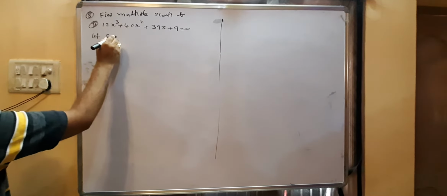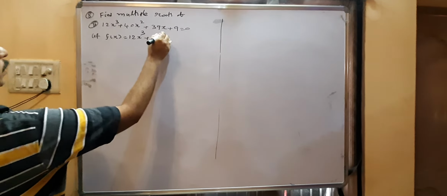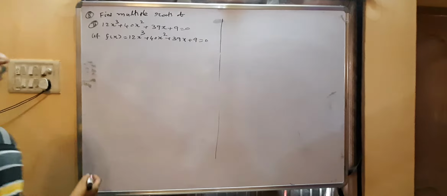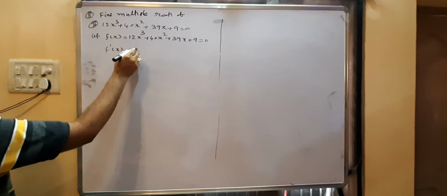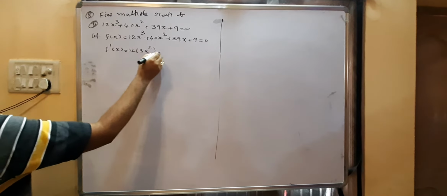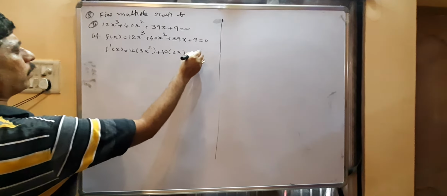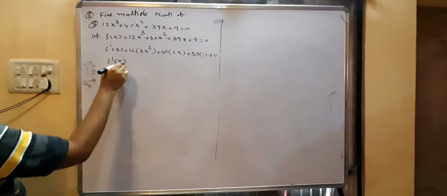Let f of x equal to 12x cube plus 40x square plus 39x plus 9. f dash x you have to find. 12 into 3x square plus 40 into 2x plus 39 into 1 plus 0. It means f dash x equal to 0.